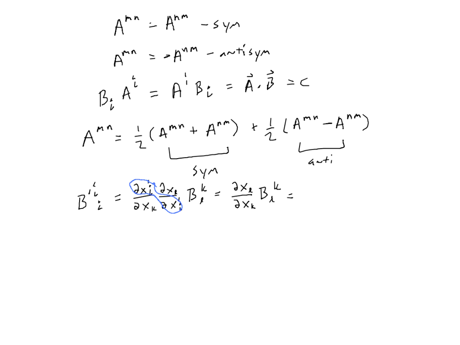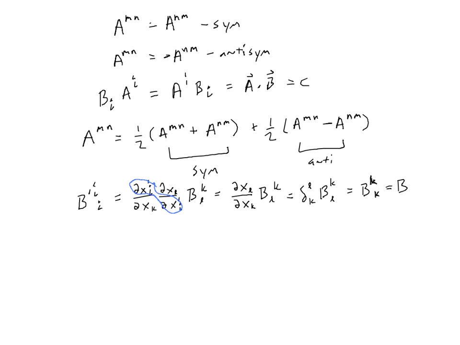And now this actually looks like a Kronecker delta. And so now by definition, the Kronecker delta turns this into B_KK, which is a scalar, because they're the same index.